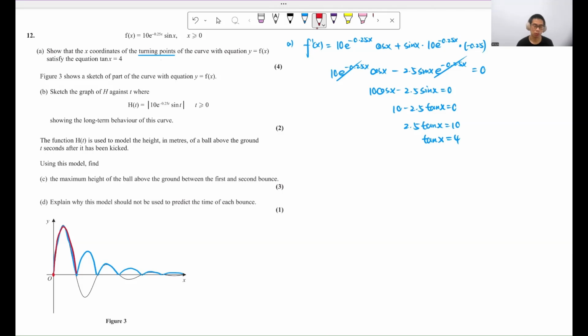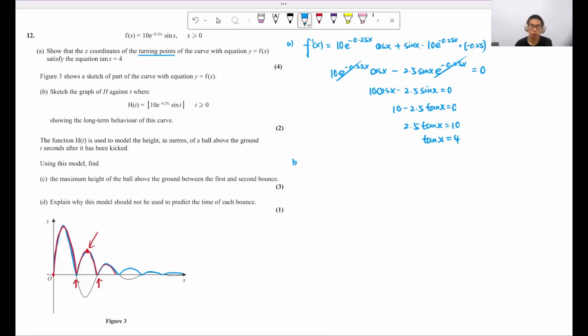Once it hits the ground, that is the first bounce, and then it goes up and comes down to the second bounce. So we're looking for the height of the second peak, which is the second turning point.